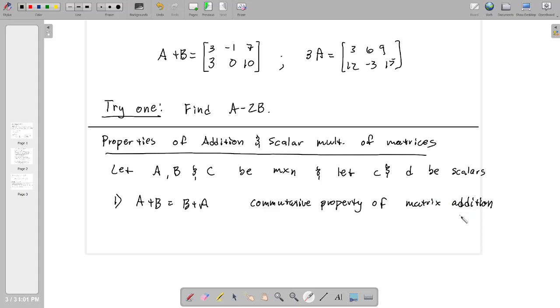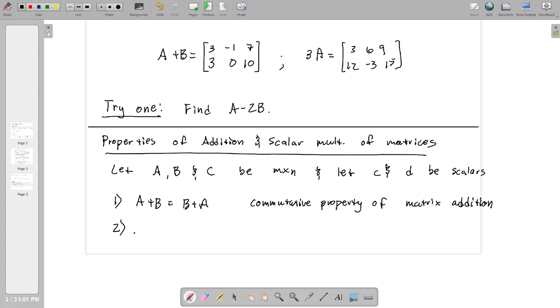They're not the same operation. Matrix addition takes two matrices to add together. Regular addition takes two numbers and you add them together. But the properties usually are named the same, like commutative and associative and distributive.